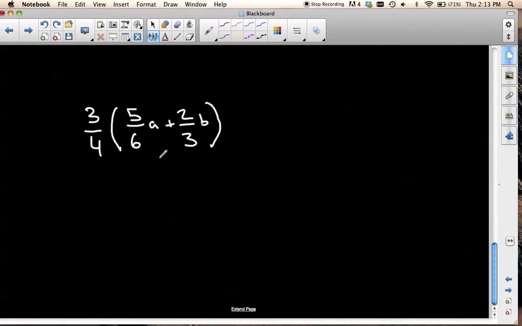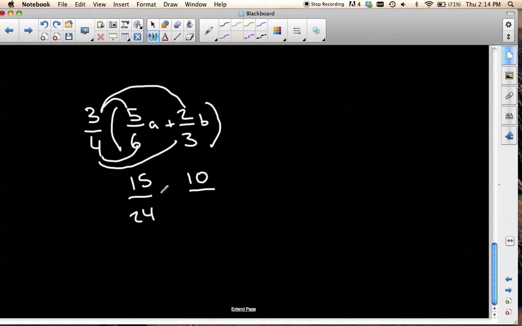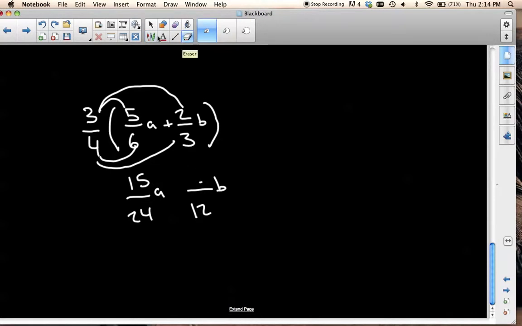We apply the distributive property, and we know how to multiply, so I end up going 3 times 5 and 3 times 2. 3 times 5 is 15, 3 times 2 is 10, and we do the same thing, because we're still working with fractions, 4 and 6, 4 and 3. 4 times 6 is 24, and 4 times 3 is 12. So now I have these numbers, but they can both be reduced, right? Oh, this isn't 10. I made a mistake, guys. Sorry. 3 times 2 is 6.